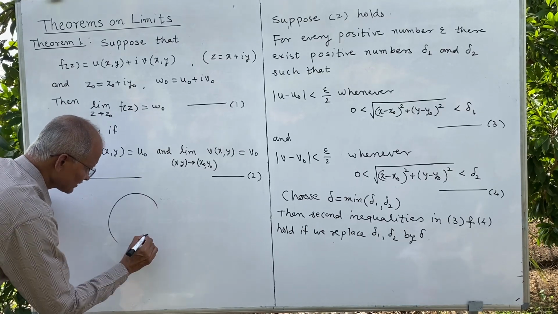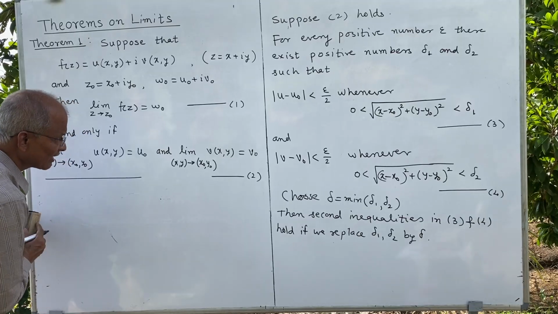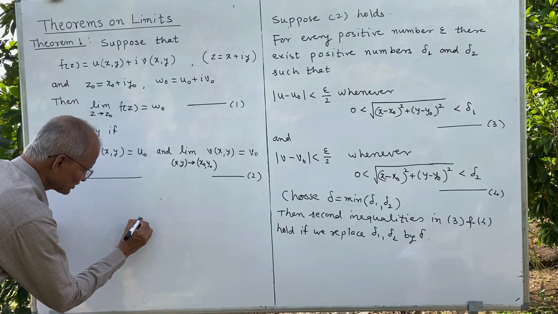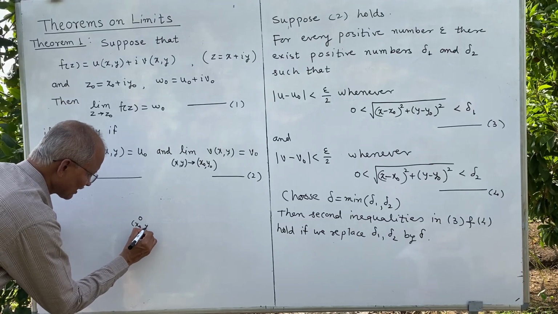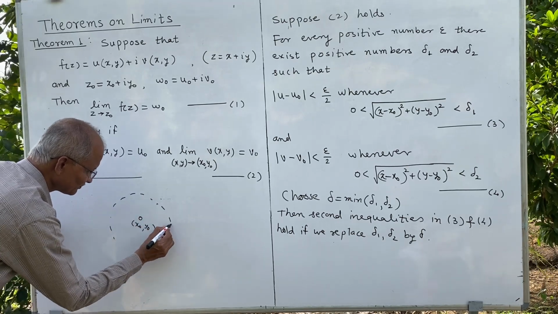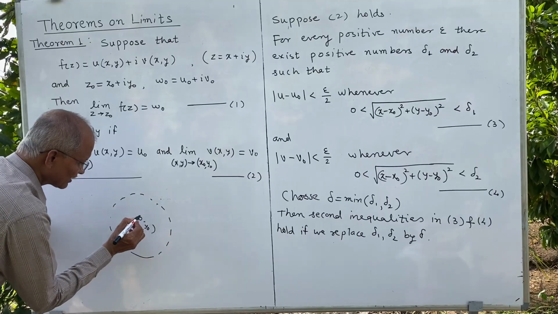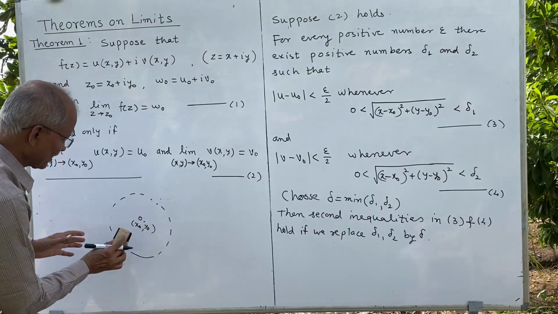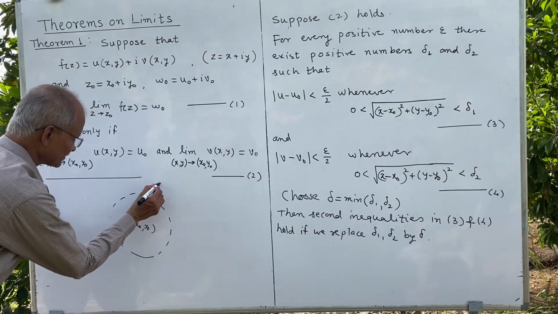point, say x naught y naught is a point, suppose this is x naught y naught, and what is the delta 1 neighborhood will be this one suppose, and let us suppose delta 2 neighborhood is this one.